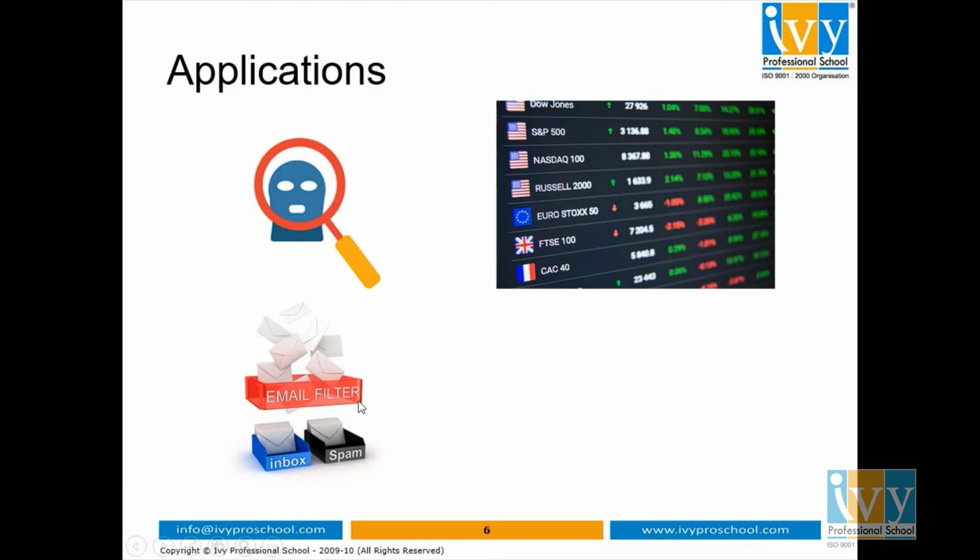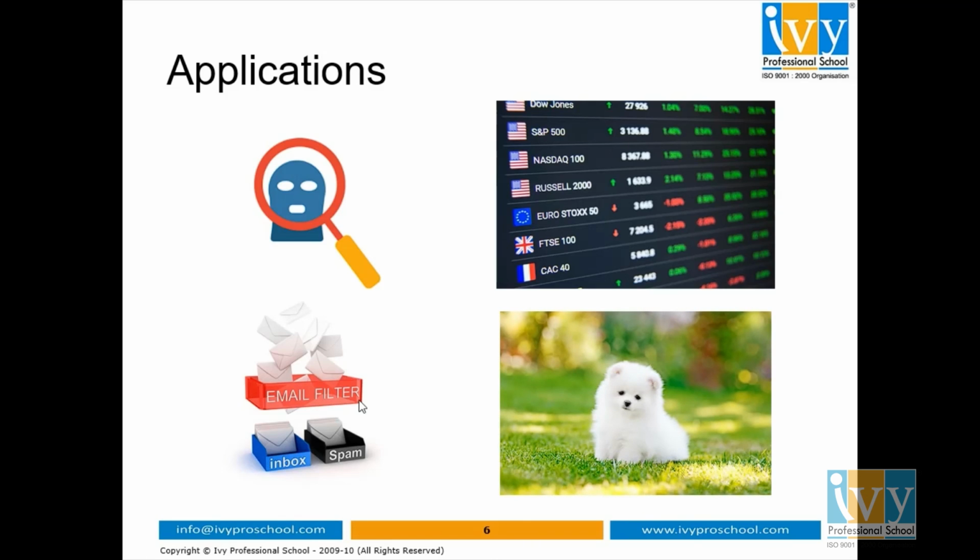In the case of an email filter, when a new email comes into the inbox, whether it's stored in the inbox or sent to the spam folder. If the email is rightly classified as spam, it will be stored in the spam folder. And in this case also, what is the breed of this cute dog? It can also be found using logistic regression.